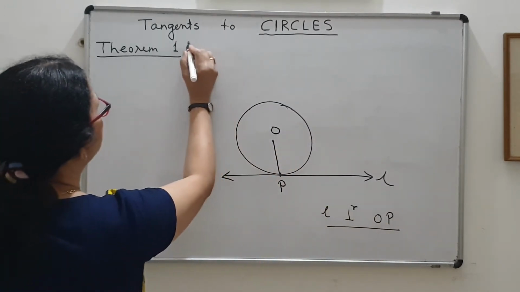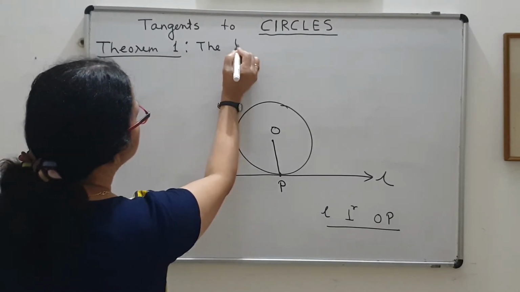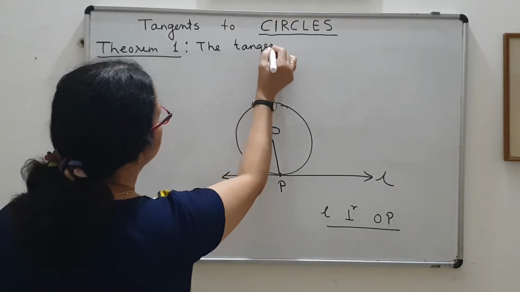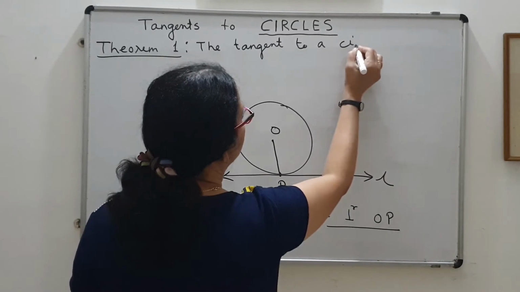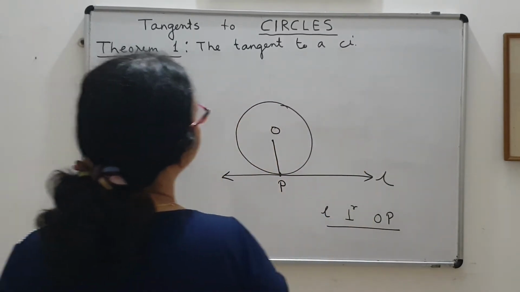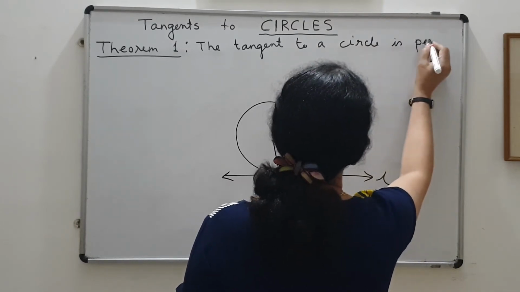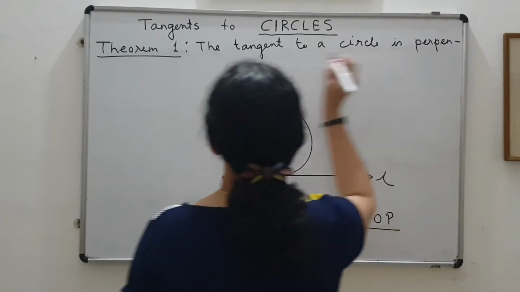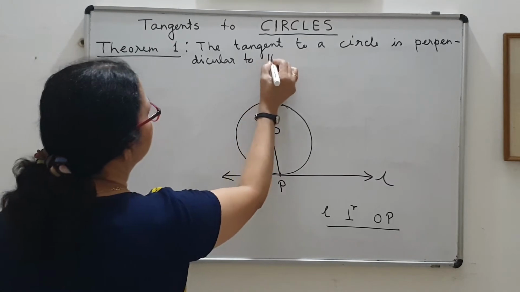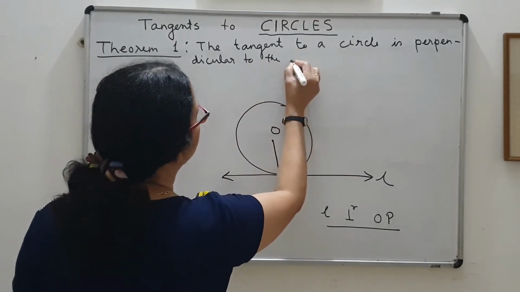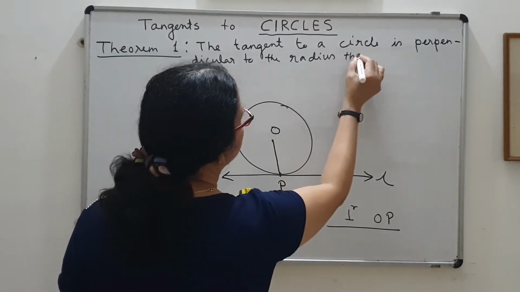So let me write the statement. The tangent to a circle is perpendicular to the radius through the point of contact.